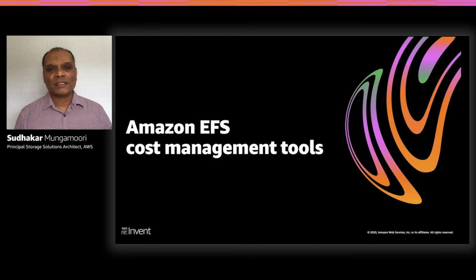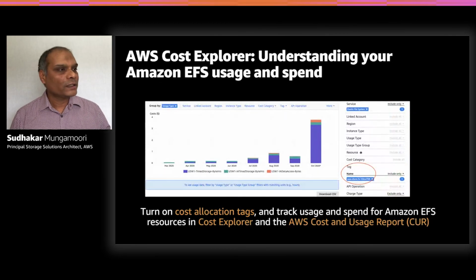Let's quickly, in the next couple of minutes, talk about cost management tools. Now you have seen how to reduce your overall TCO. Here I will explain how you make cost and spend visible. Cost Explorer. AWS Cost Explorer is your tool to understand your Amazon EFS usage and spend. In addition to using Cost Explorer, I also recommend that you create a user-defined tagging regimen.